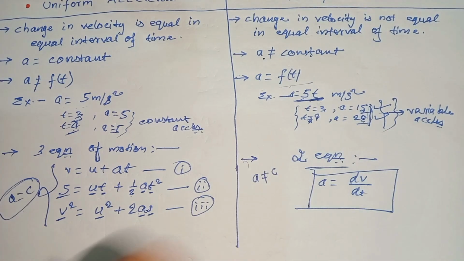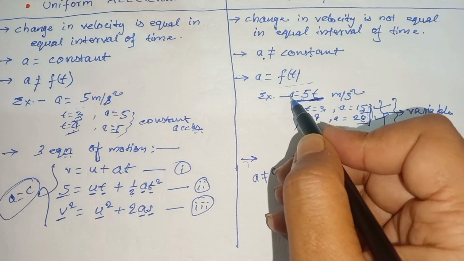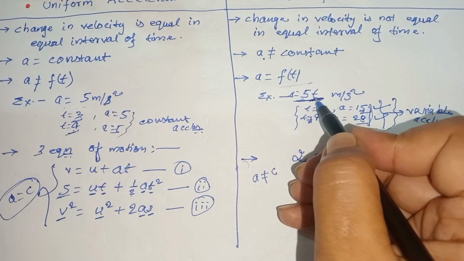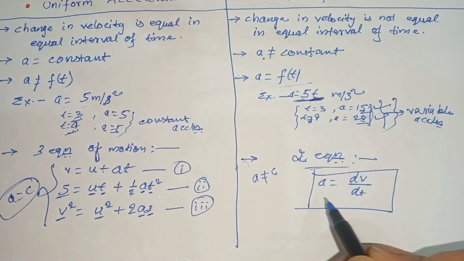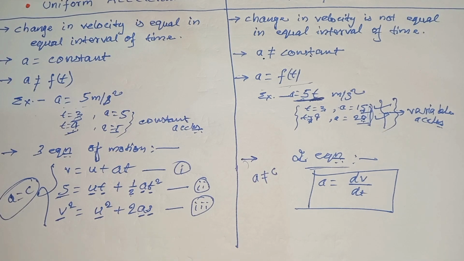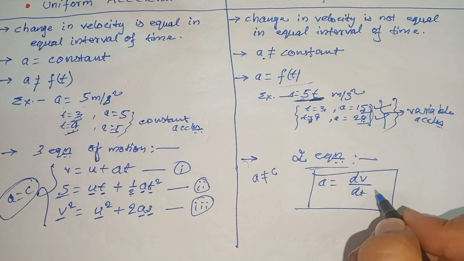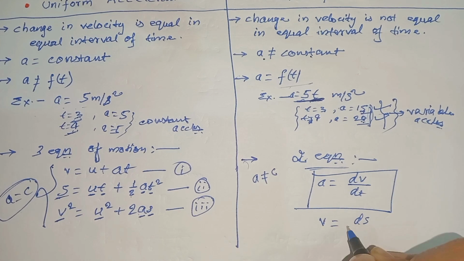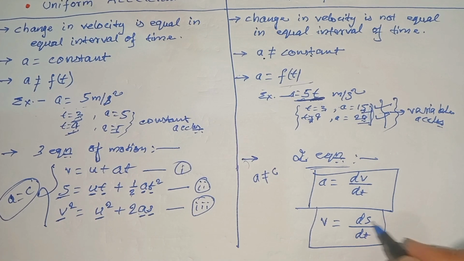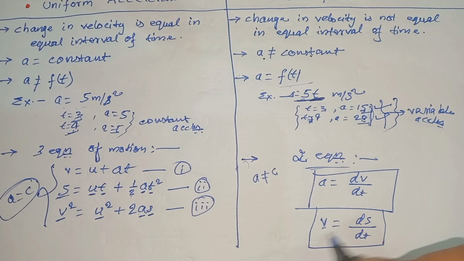If t is present in acceleration, it is non-uniform acceleration, and we apply this formula, not the others. Clear? Another one: v equals ds by dt, where s is displacement and v is velocity.